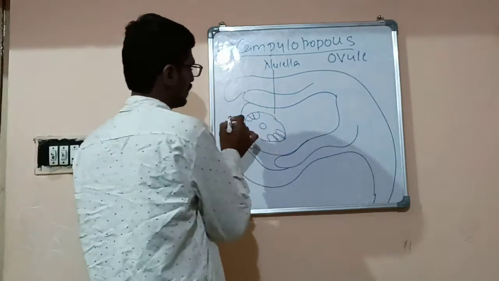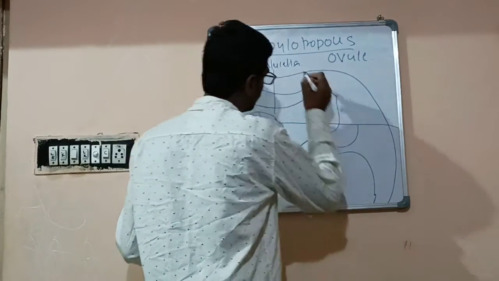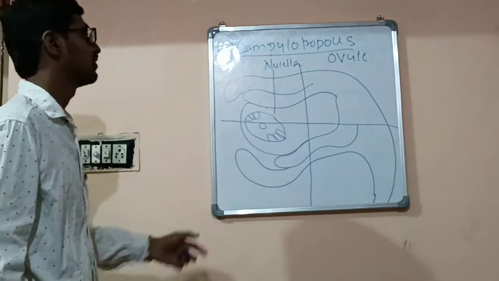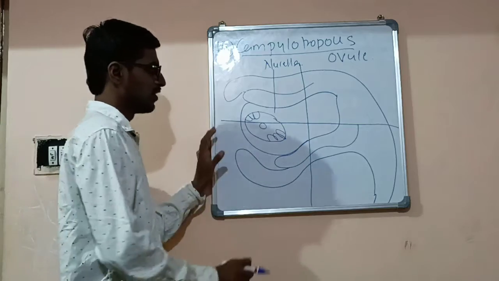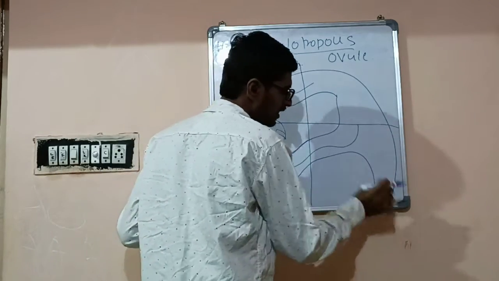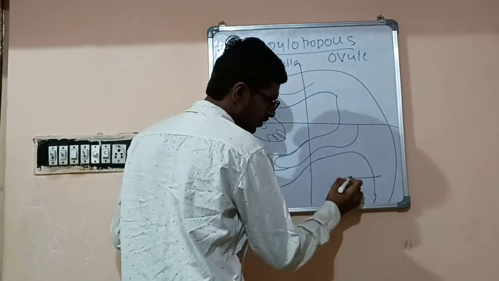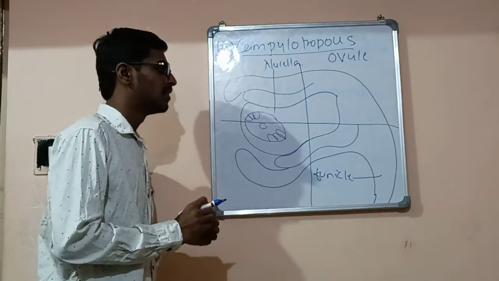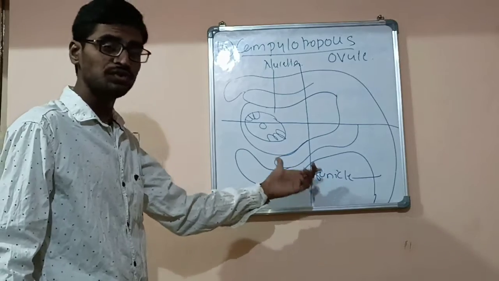When you go on to the structure of the campylotropous ovule, you will come to know that this is called the funicle. What is the funicle?